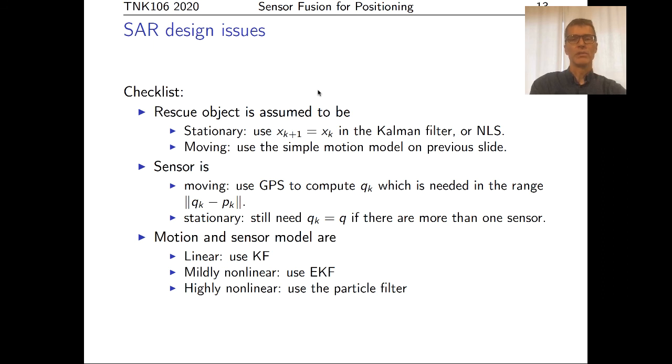If it's moving, we can use GPS in the scanner to measure our own position, q_k. This applies if you use the cell phones of the rescue team as RSS scanners, or if you are using a drone for collecting the RSS measurements.